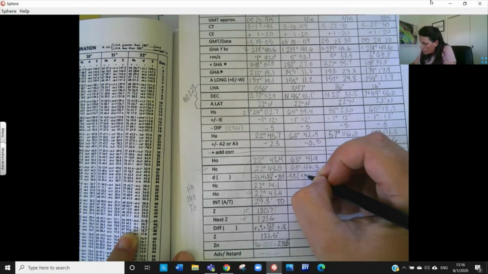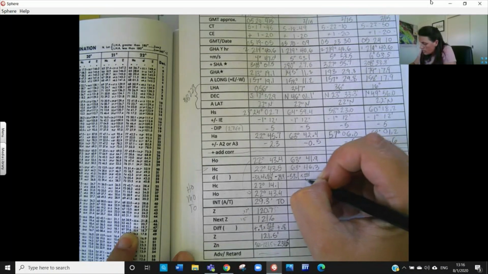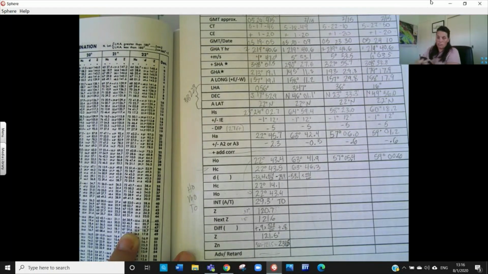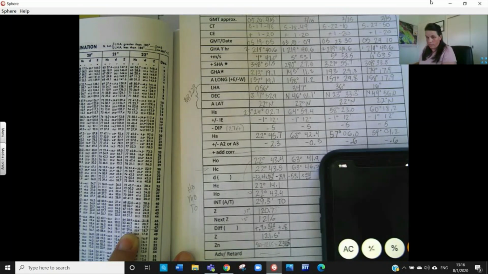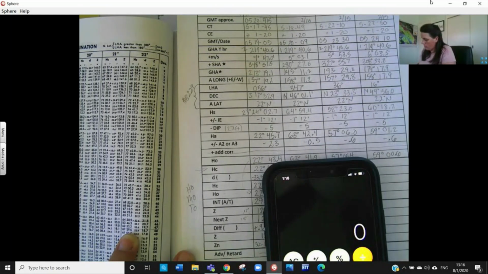So I have 01.1 divided by 60, which is going to give me a very small number, about 1.